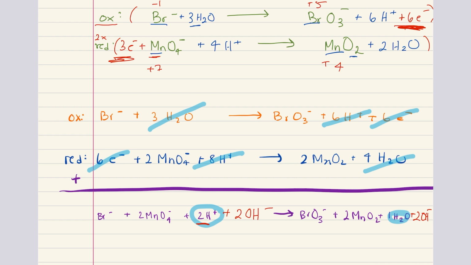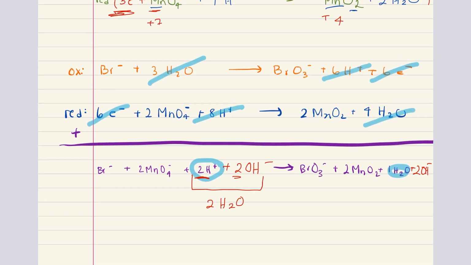Now here's something cool. H plus and OH minus form water. And in fact, since we have 2 of both, this forms 2 water molecules. Now we have 2 water molecules on the reactant side, 1 on the product side. We can go ahead and get rid of 1 of each.